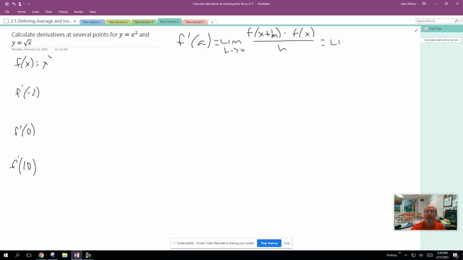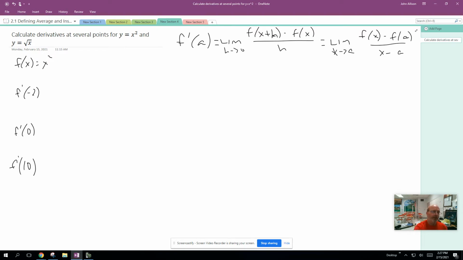Or we could do the limit as x approaches a of f of x minus f of a all over x minus a. Those are equivalent forms of the limit definition for a function at a point.